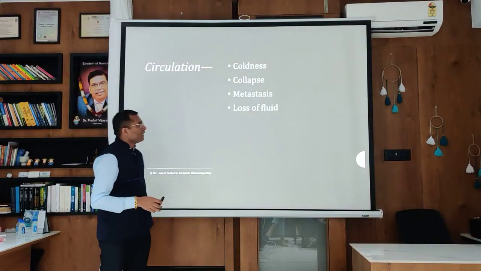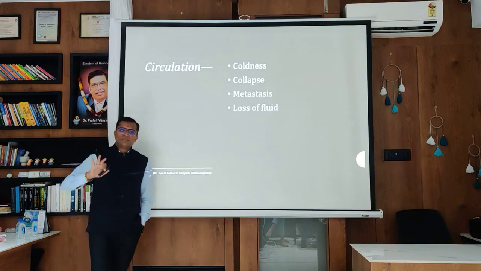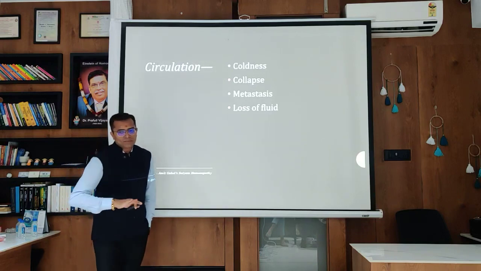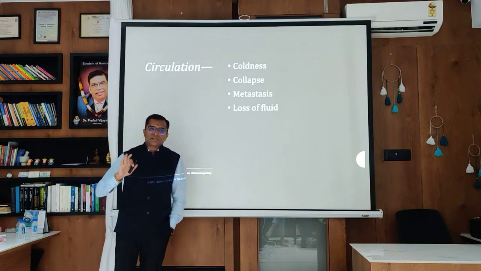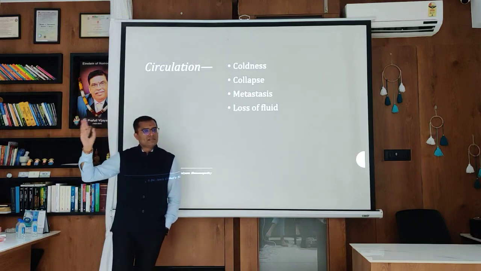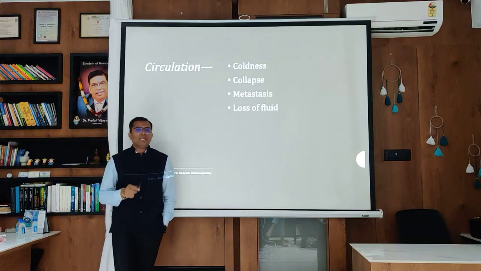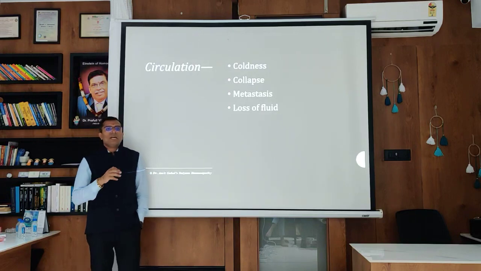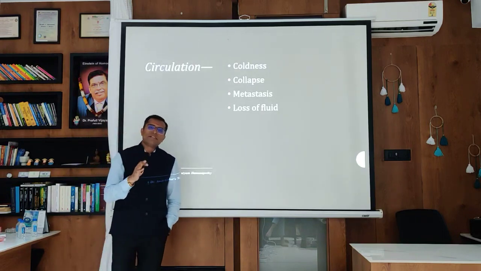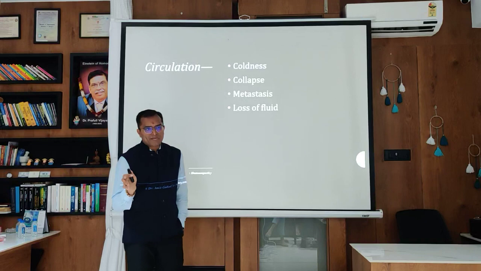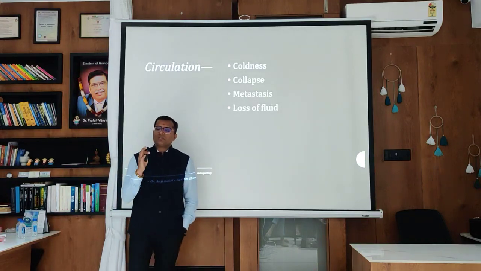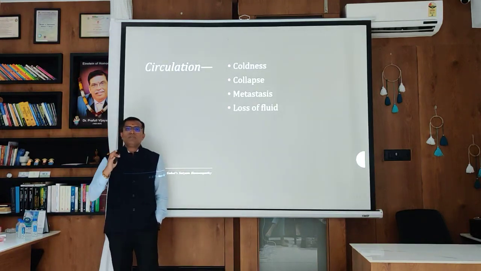Circulation: it produces coldness and ends in collapse. In cancerous conditions, it produces metastatic lesions, and finally leads to loss of fluid in the form of hemorrhage. Most carbons have hemorrhage, but it is a passive hemorrhage. We have Kreosote: insanity after hemorrhage.